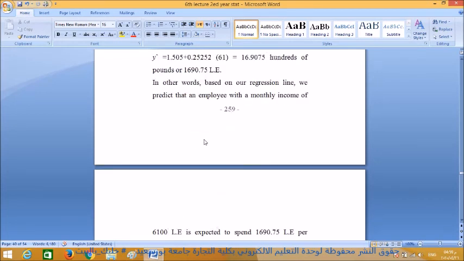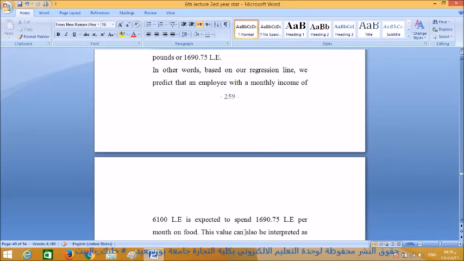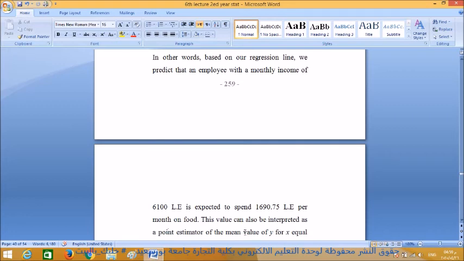In other words, based on our regression line, we predict that an employee with a monthly income of 6,100 is expected to spend 1,690 Egyptian pounds on food.